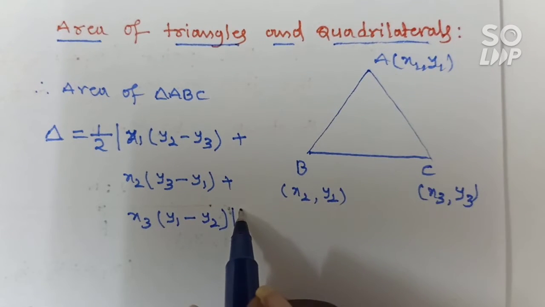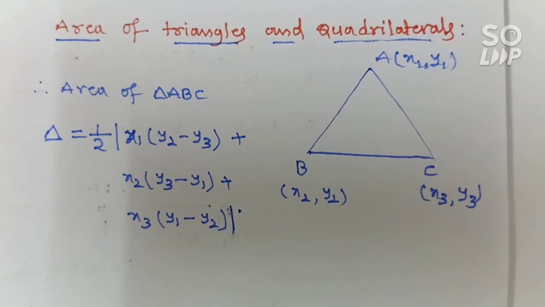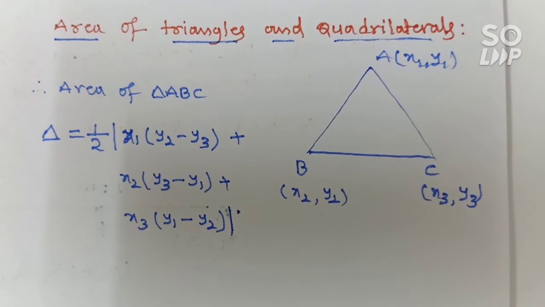So this is the formula to find the area of the triangle when the vertices are given.